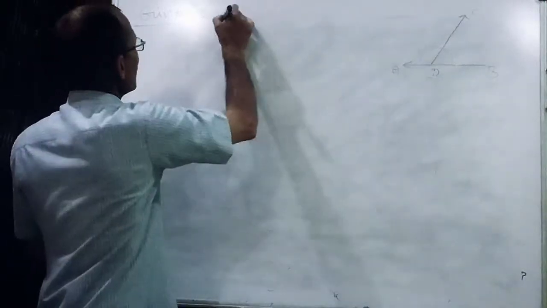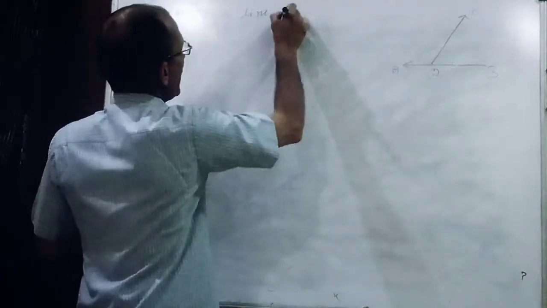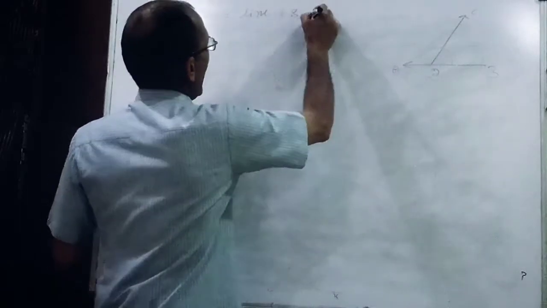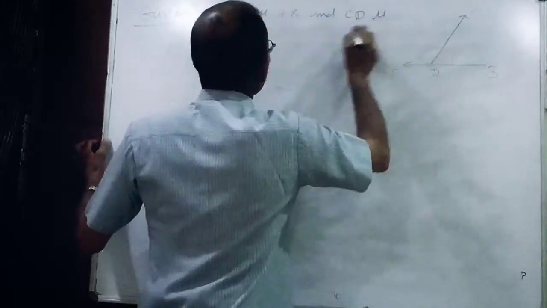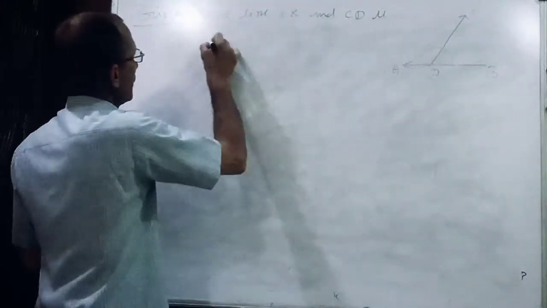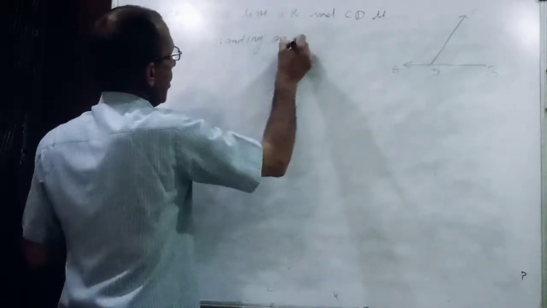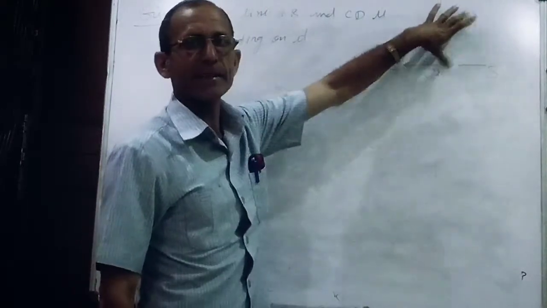So given: a line AB and CD is standing on it.